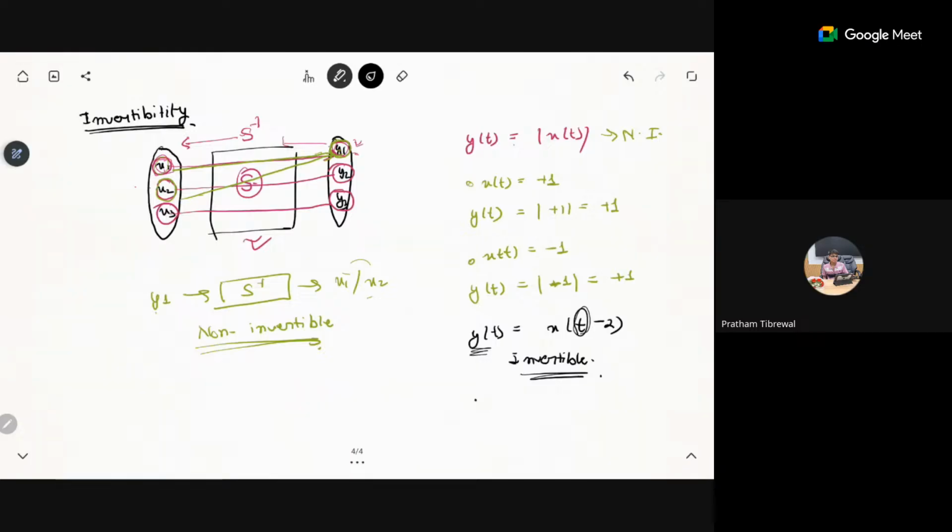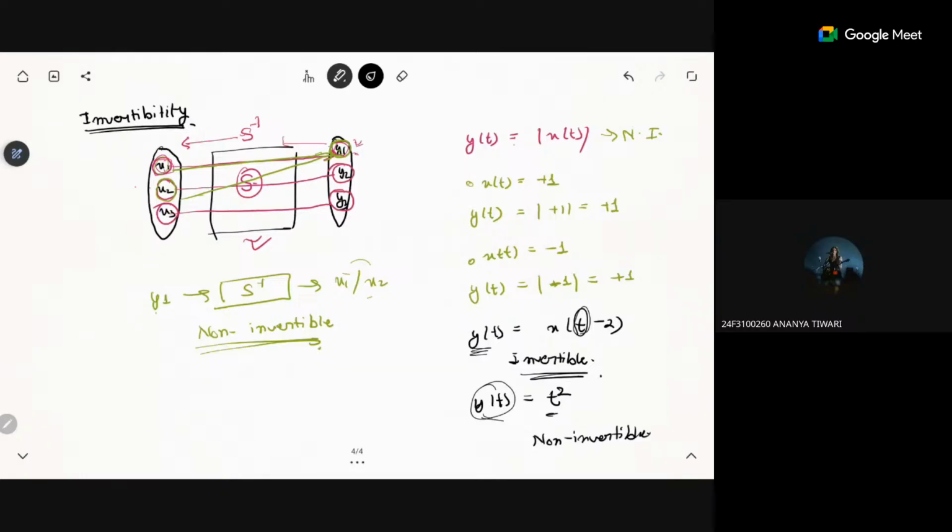Now tell me, y(t) is equal to t square. Is it invertible or non-invertible? Non-invertible. Yes, because now my output is no longer exclusive to my input.